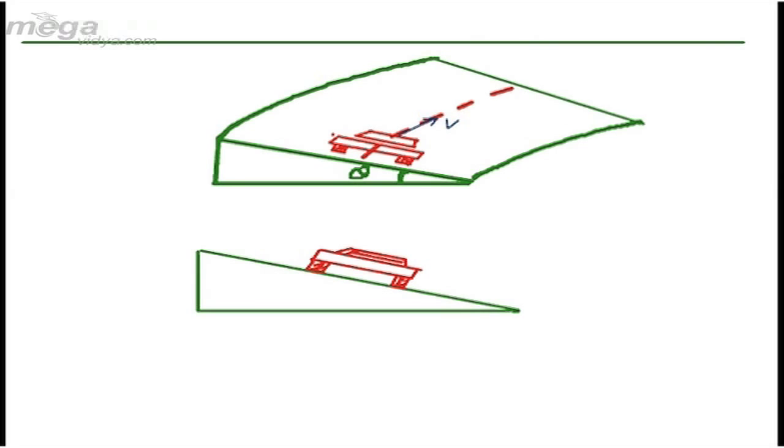The forces that may act on this car will be, first, the force of gravity, which is equal to mass into acceleration of gravity. The other force acting on this car is the normal reaction, denoted by R here.